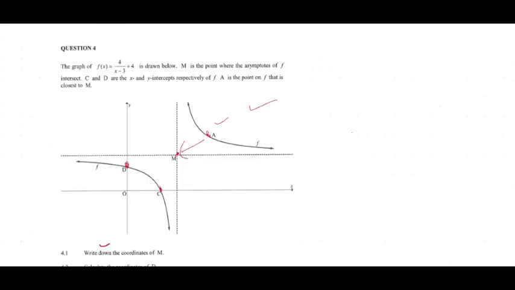We have to find these coordinates. So how can we find them? We have a function f of x equals minus 4 by x plus 3 plus 4.